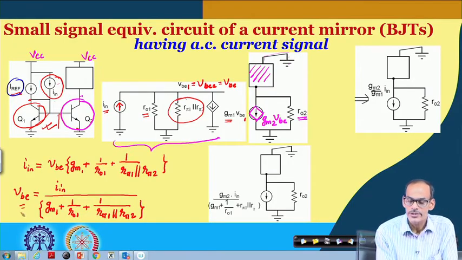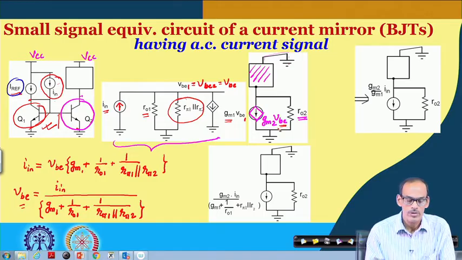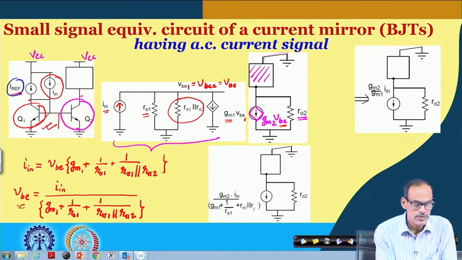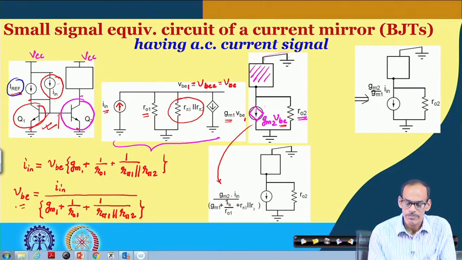And this VBE is the same as the VBE of transistor 2. So, as a result this voltage dependent current source can be written in this form. After multiplying with GM2, we have this current, shown here. So, GM2 multiplied by I in divided by GM1 plus 1 by RO1 plus 1 by R pi 1 in parallel with R pi 2.